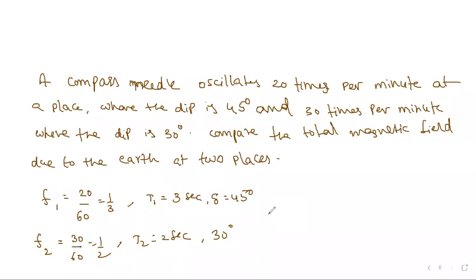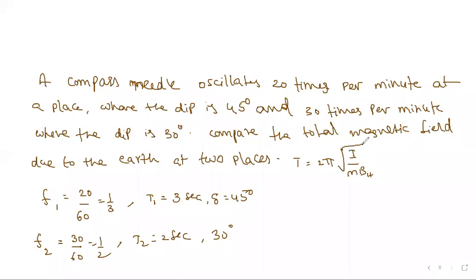Now, you have to calculate the value of the magnetic field by comparison, given by B2. Okay. So first you take the formula, that is T equal to 2 pi root over I by M BH.